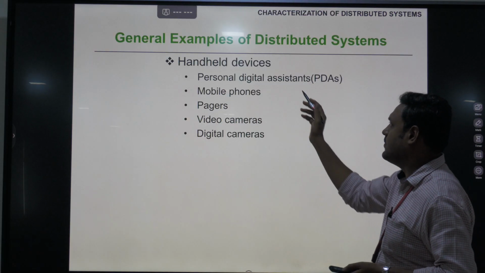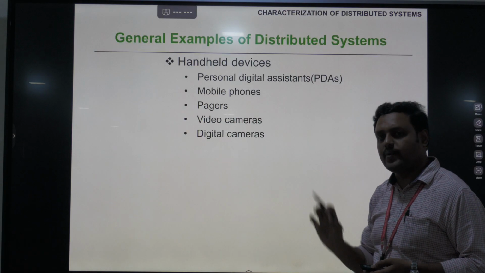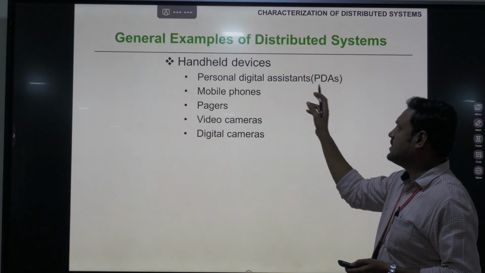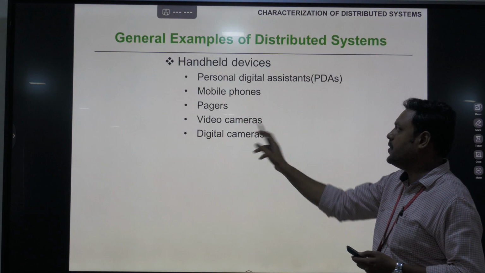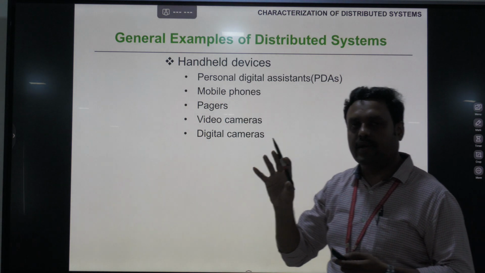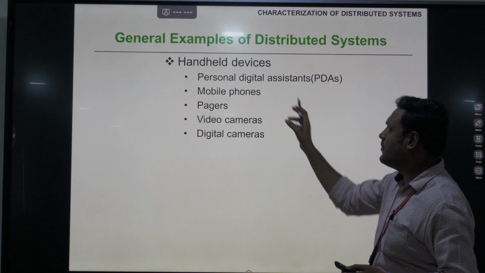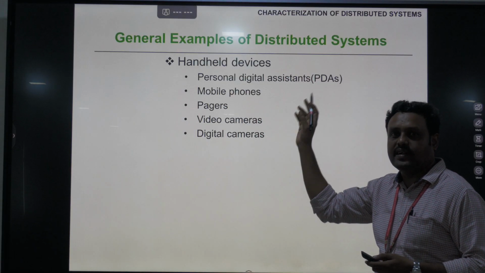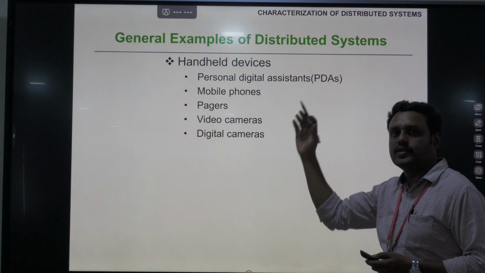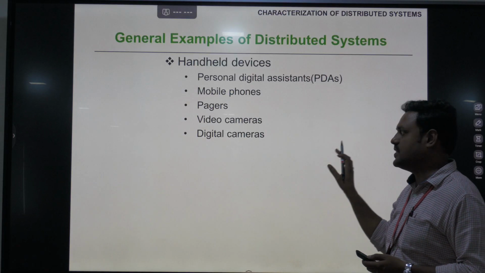And similarly handheld devices, which means we can hold them in the hand. Very small devices which include PDAs, personal digital assistants, mobile phones, pagers, video cameras, digital cameras. All the devices we can hold in the hand are handheld devices, which can be connected through a network and can transfer data from one device to another. So they are all part of the distributed systems.